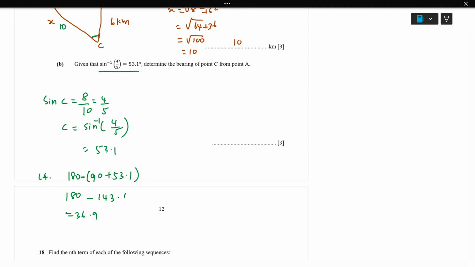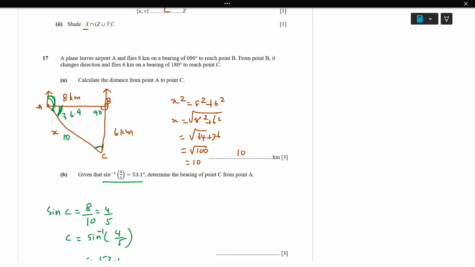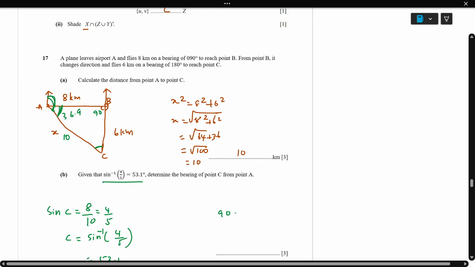So this is angle A here. Now we know the bearing here, so 90 plus 36.9, which is going to be 126.9. The answer is 126.9 degrees.